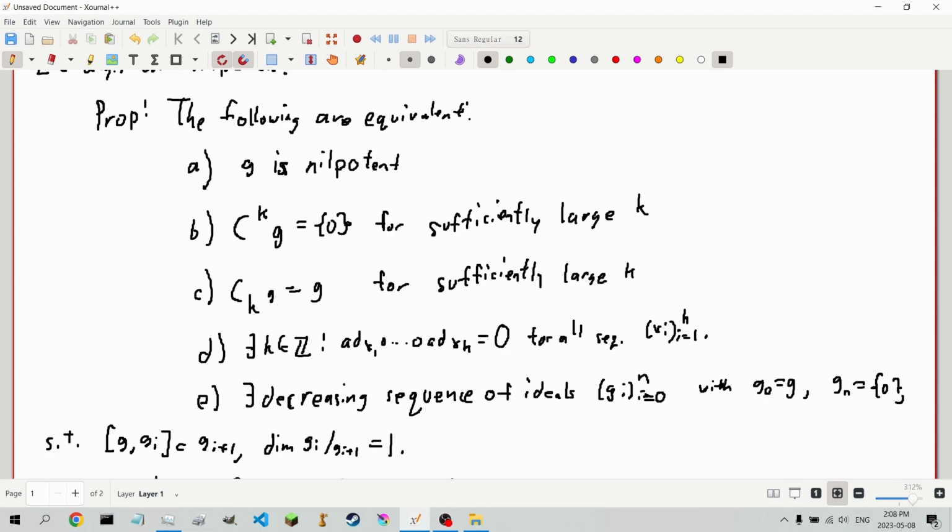So we're saying that either both the upper and lower central series terminate in the place you would expect, that the composition of n adjoints for any n elements x gives you 0, and that you can find a decreasing sequence of ideals where the bracket of G and G_i is G_(i+1), and each G_i going forward by one ideal essentially strips off exactly one dimension of our ideal.